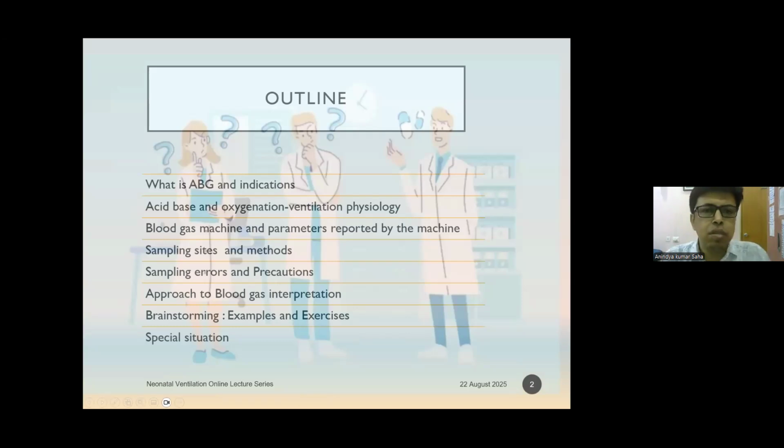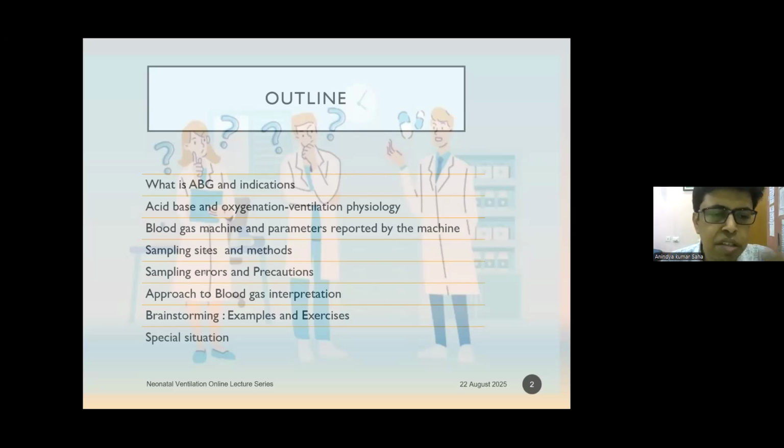So the outline of my discussion will be what is ABG and what are their indications, a bit about acid-base and oxygenation-ventilation physiology, something about blood gas machines and the parameters which are there in the strip of the ABG reports, how to interpret them, and what are the sample sites and the methods.